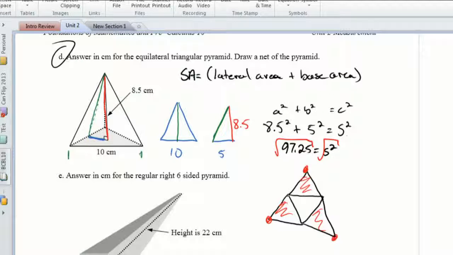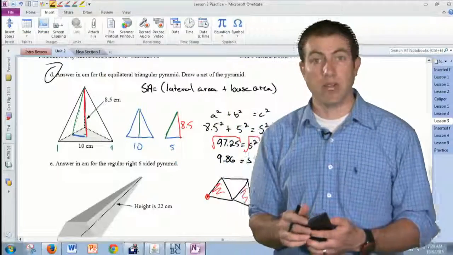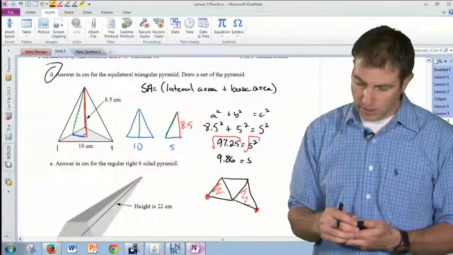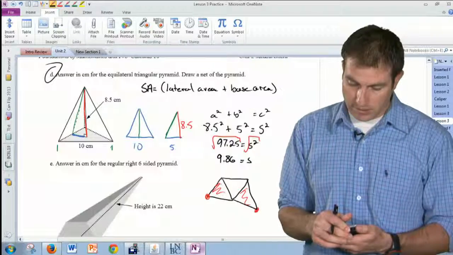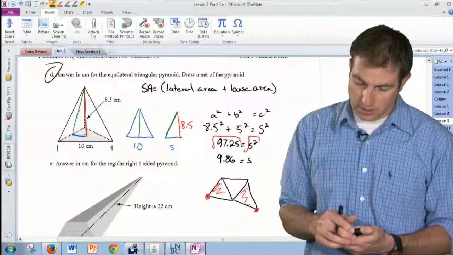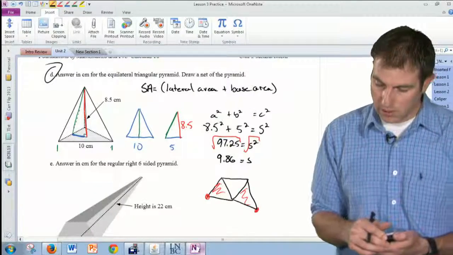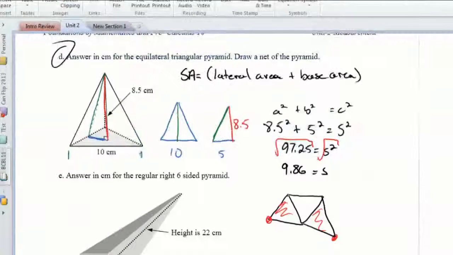And I get 9.86. All right, so now I have the slant height. I'll add that into my diagram first. So this is 9.86.